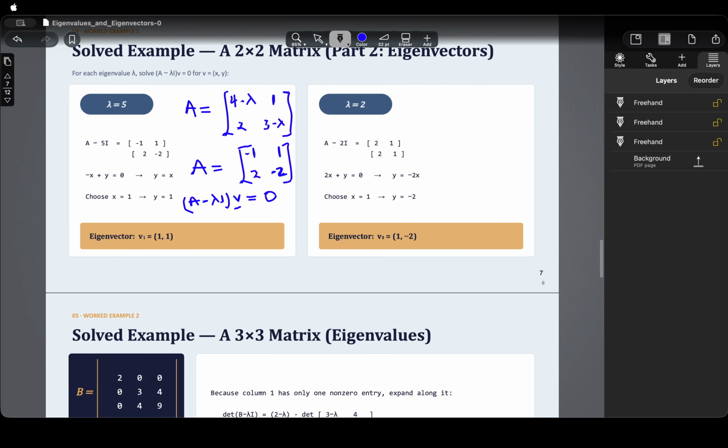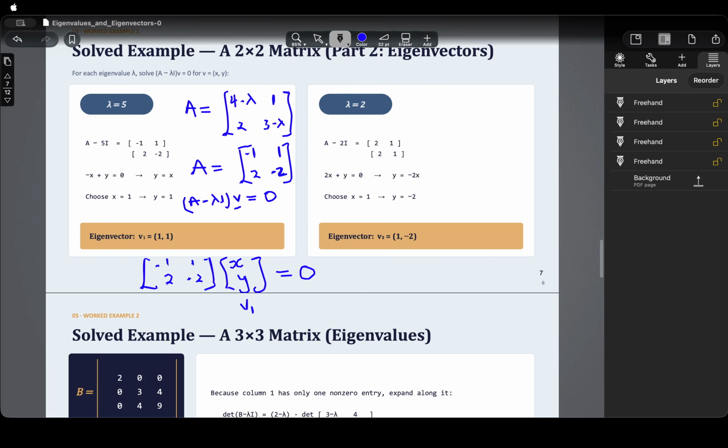So what do you have? You have your matrix: minus 1, 2, 1, negative 2. Then you want to find x, y to be equal to 0. Okay, and we are already familiar with finding the values of x and y. So if you do this, this is the eigenvector v1 for its corresponding eigenvalue lambda 5.